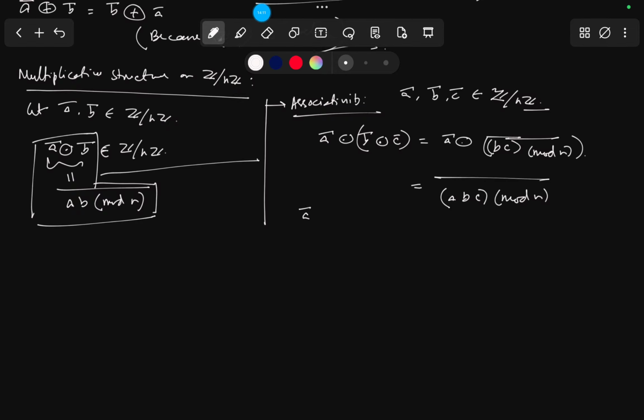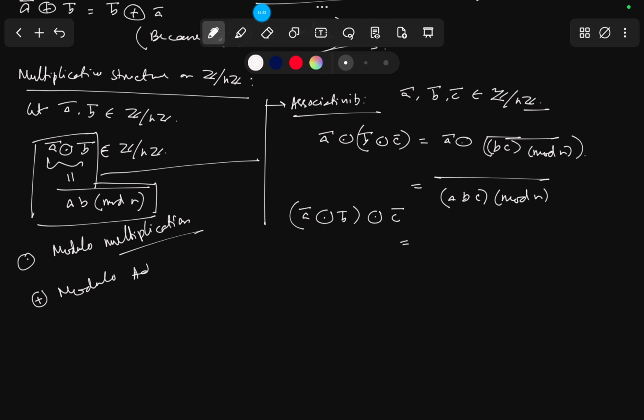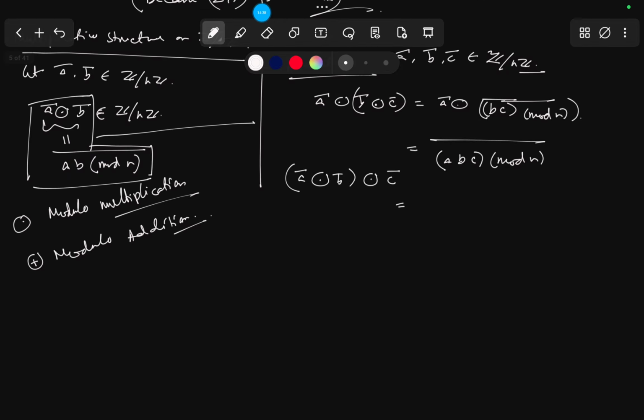Again, if we take a bar modulo multiplication b bar and modulo multiplication c bar, it is not modulo addition, this is modulo multiplication. So a bar dot b bar dot c bar is also the same as (ab mod n) bar dot c bar.